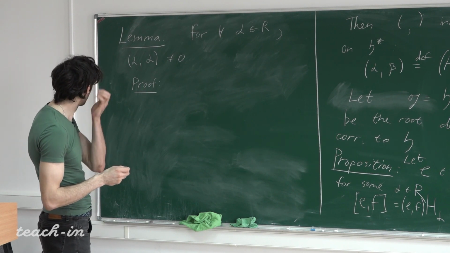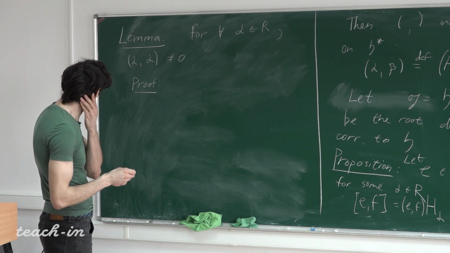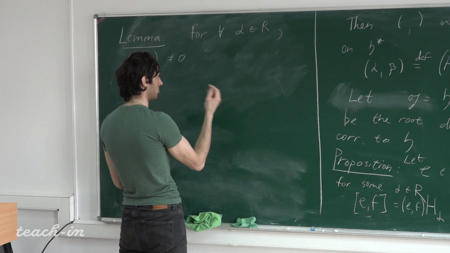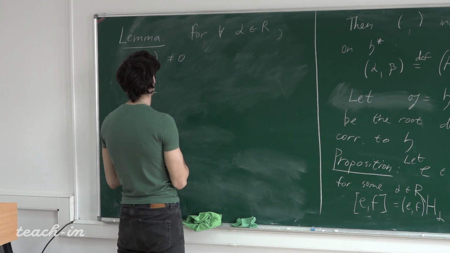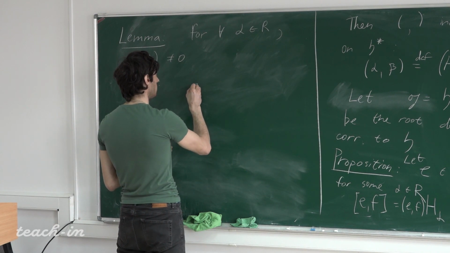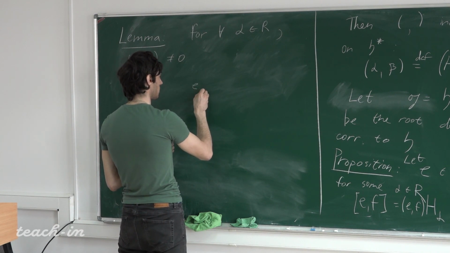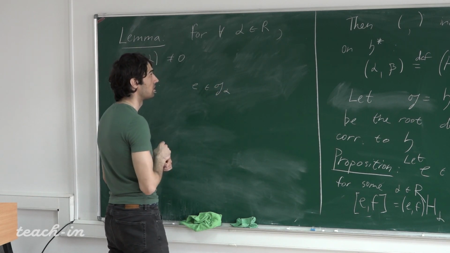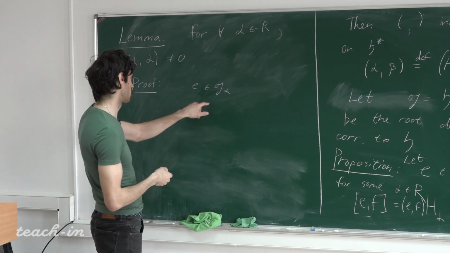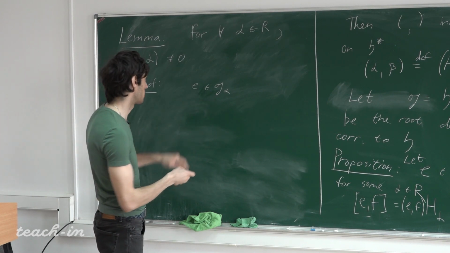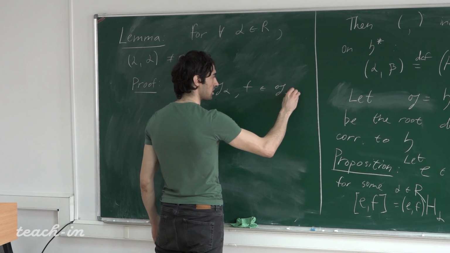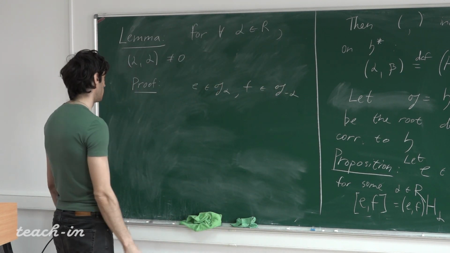Let me take some alpha from R, and let me take E and F. So E, again, from G alpha, as just our standard procedure, and F from G negative alpha.